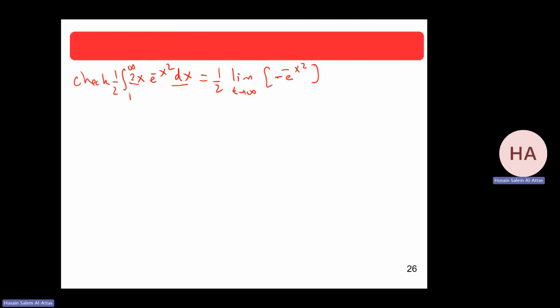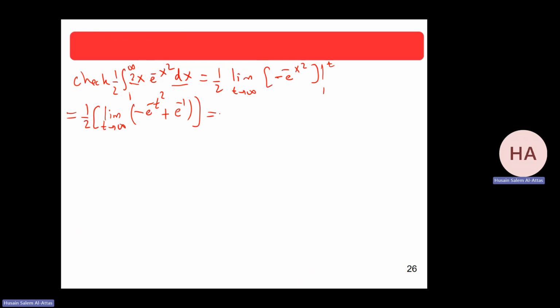So from 1 to infinity, that will be one half. Let me do it in steps, 1 to t. That will be one half times the limit as t goes to infinity of minus e to the minus t squared plus e to the minus 1.